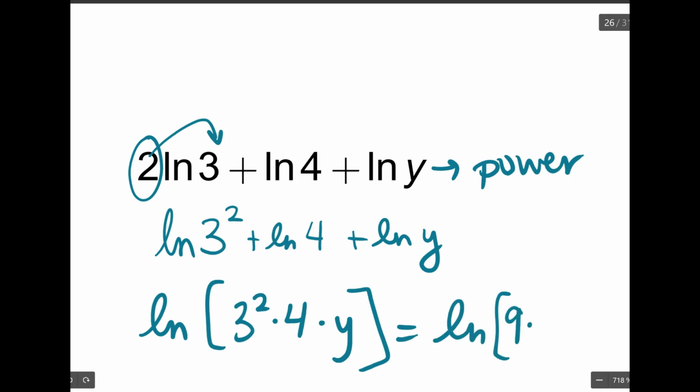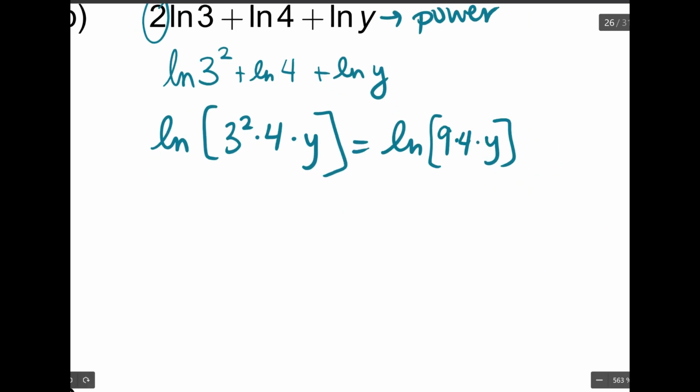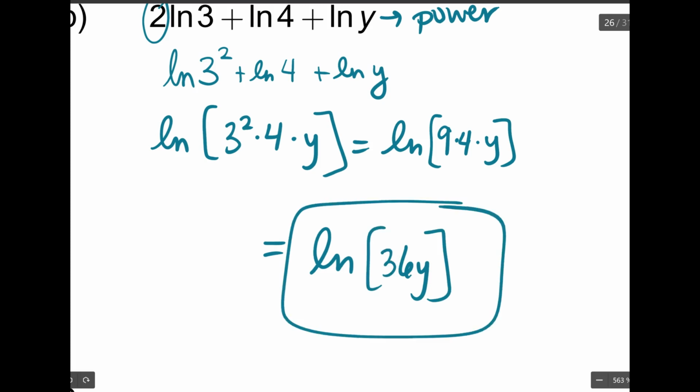Ln of 9 times 4 times y. Exactly. Ln of 36y. What's 3 squared? Yep, it's 9. Awesome.